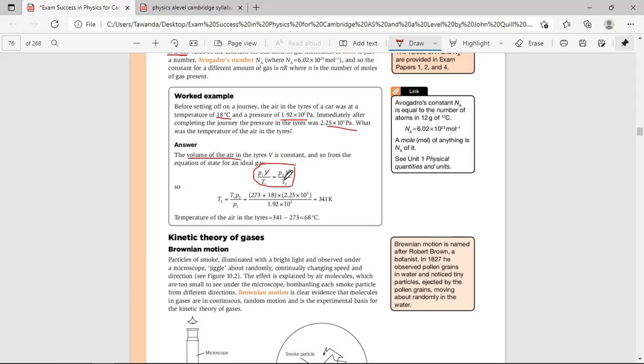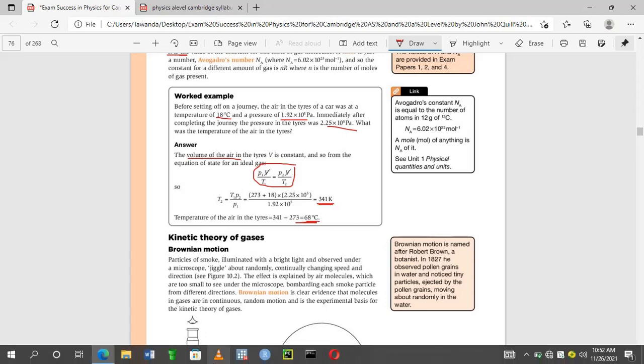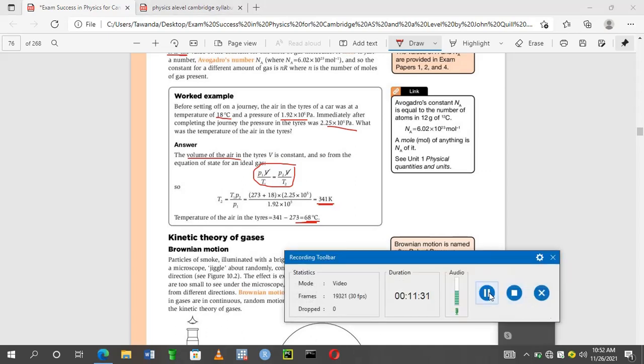And the pressure P2, that is the final pressure, is this one, divided by the initial. So the temperature will be 341 kelvins. Then we can convert it back to degrees Celsius, where we subtract 273, and to get our final answer is 68 degrees Celsius. That will be the final answer for that.